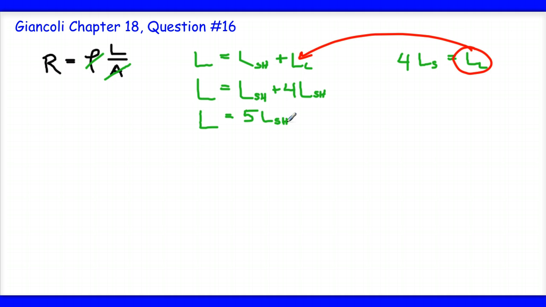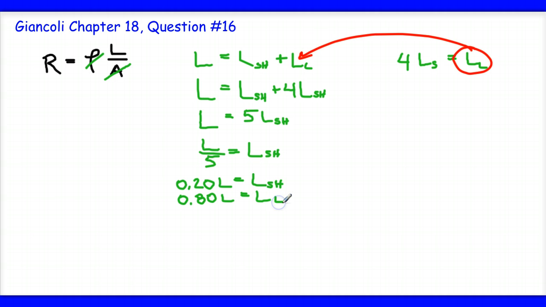I can divide both sides by 5 and say that the total length divided by 5 is equal to the length of the short piece, or 1/5, or 20%. So 0.20 times the original length of the wire is the length of the short piece. And then, of course, 80% of the length of the wire, the remaining balance, is going to be the length of the long piece.